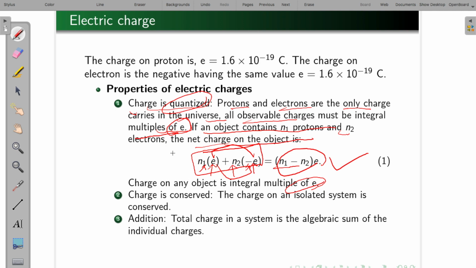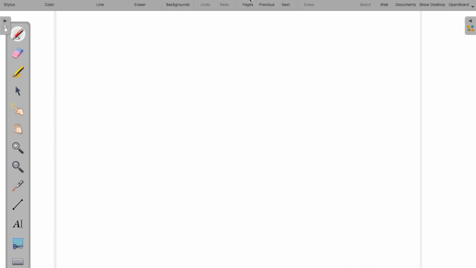The next property of the charge is that charge is conserved. What is the conservation property? Suppose you are given an isolated system, in which neither energy nor anything is exchanged with the surroundings.